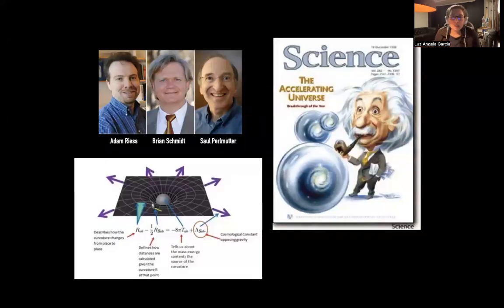So to introduce this topic and give you some motivation on why to study early dark energy models, it's important to remind everyone that in 1998, these three people discovered that the universe was expanding, but not only that, this expansion was actually accelerated.